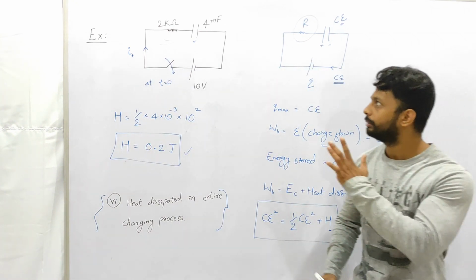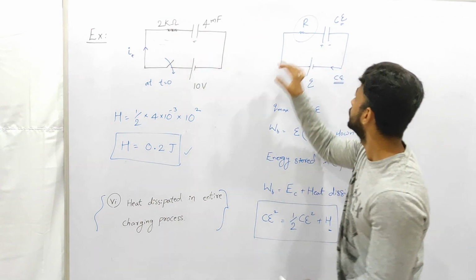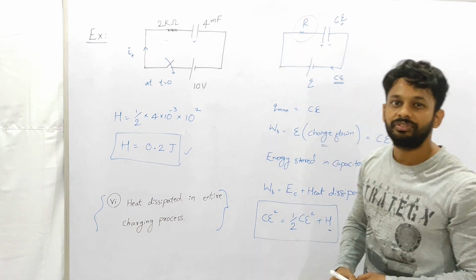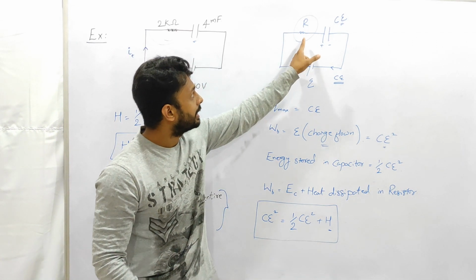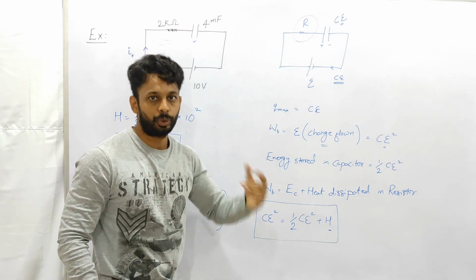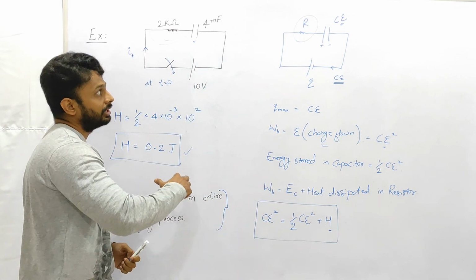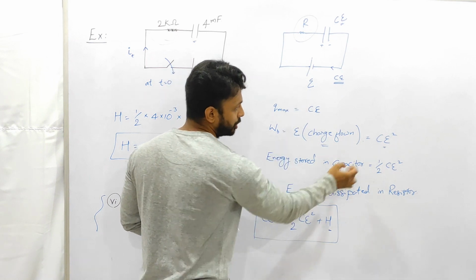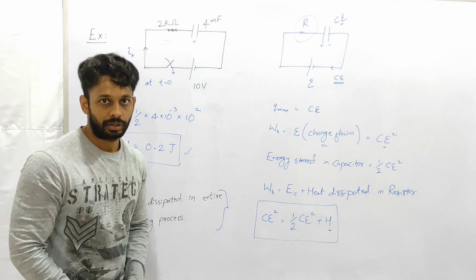But let me ask you one more question here. Whatever the resistance of the wires I am connecting, if I neglect that, that means I am considering an ideal case where the resistance of the circuit is 0. In that situation also, the energy supplied by the battery comes out to be CE square, and the energy stored in the capacitor comes out to be half CE square.